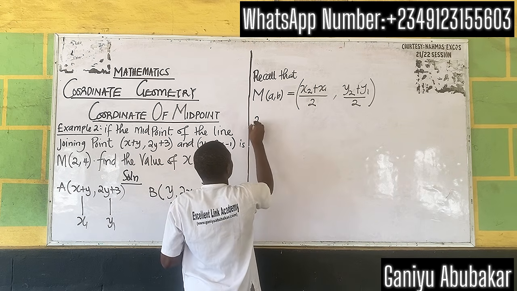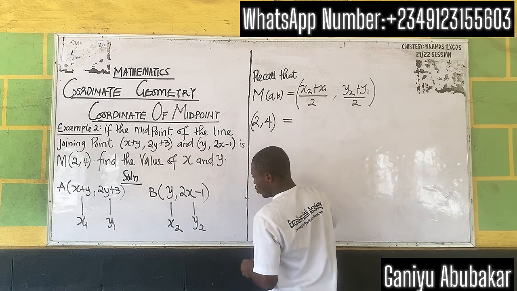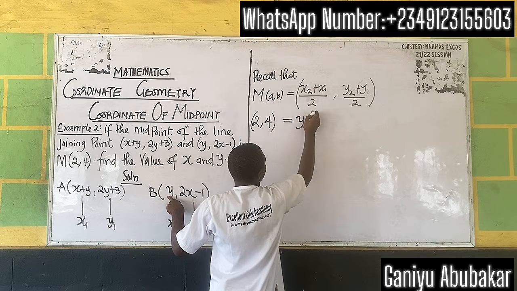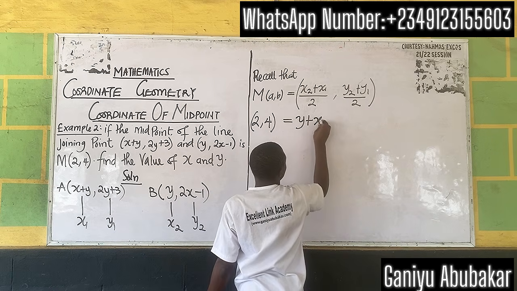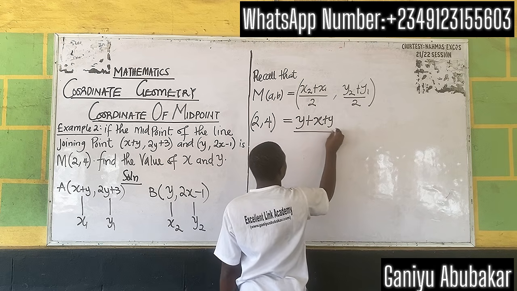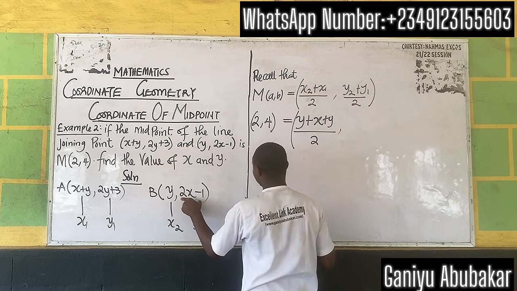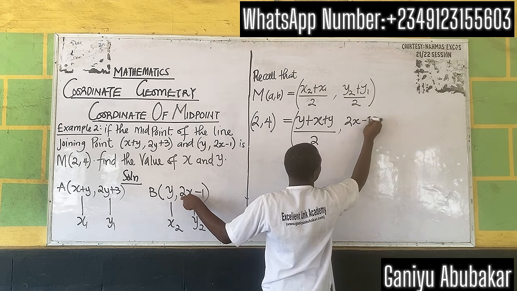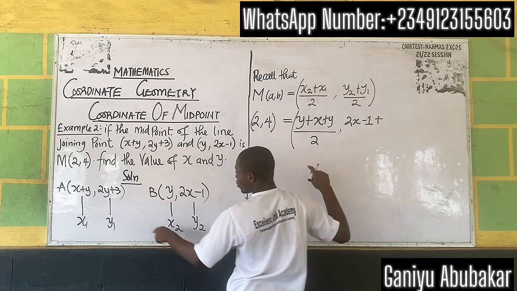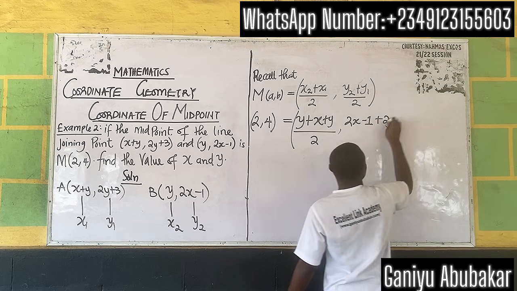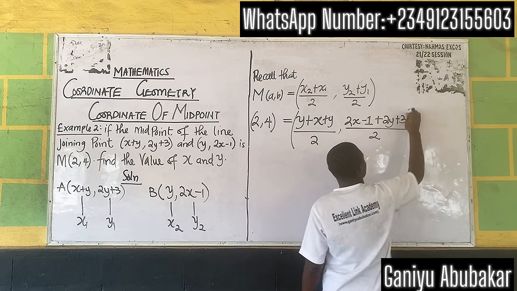So we're having 2, 4 here to be equal to, what's x2? X2 is y plus, what's x1? X1 is of course x plus y. That gives you x plus y. I have this one here, all over 2. All right, comma y2. Y2 is of course 2x minus 1 plus, all right, y1 is of course 2y plus 3, all right, all over 2.